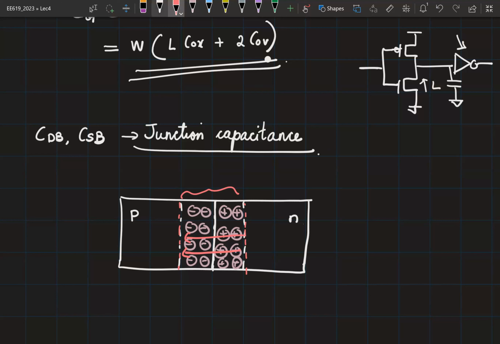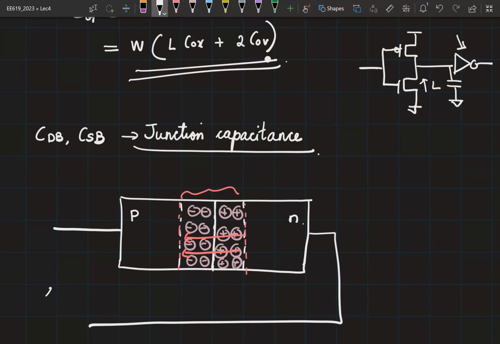Now let me ask you this question. Let's say I have reverse biased this junction, and let's say the unit capacitance, that is capacitance per unit area at this junction, is given by Cj. If I increase the reverse bias voltage, what comment can you make about Cj? Will this increase or decrease? It will decrease.